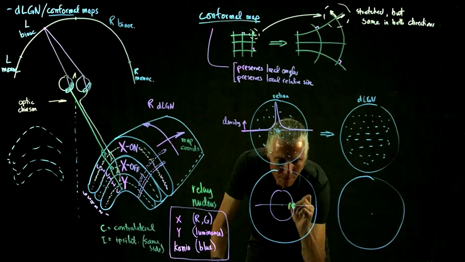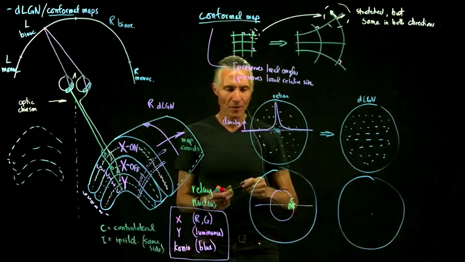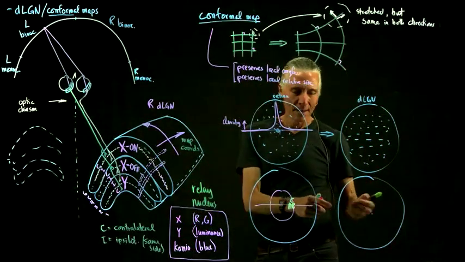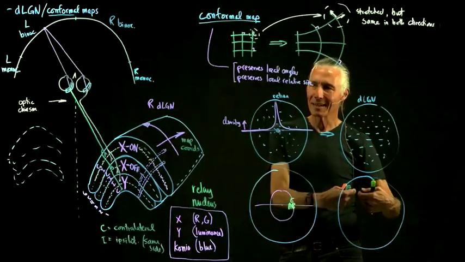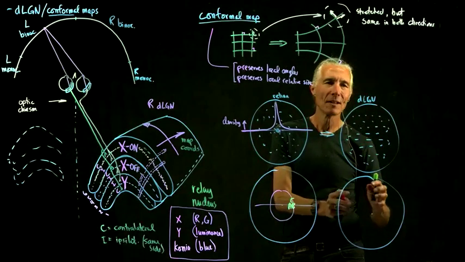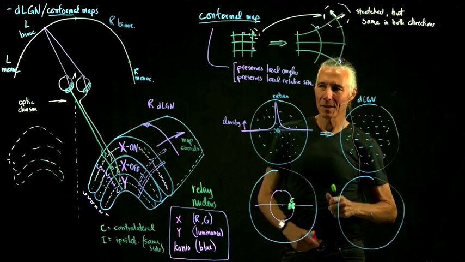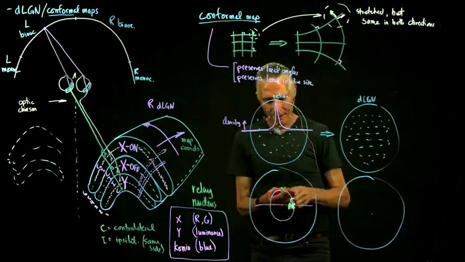Here's point A and point B and point C. Those are 3 points that are next to each other before we've stretched anything out. So now we squash that pointy little rubber sheet thing down to try to stretch everything into an even distribution of all the parts in the retina. And what happens?